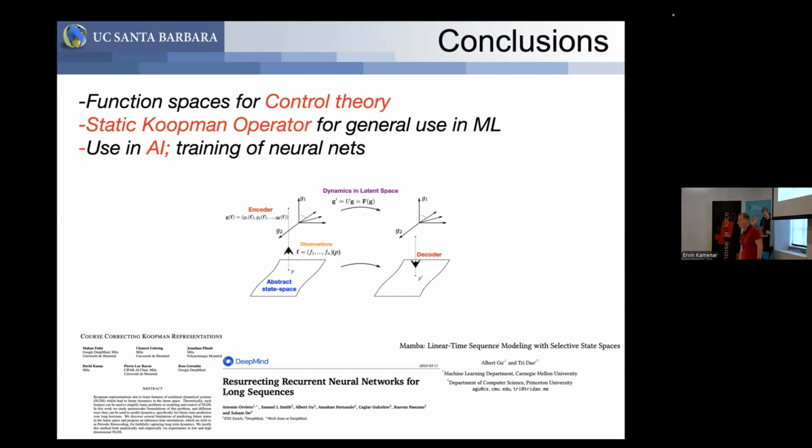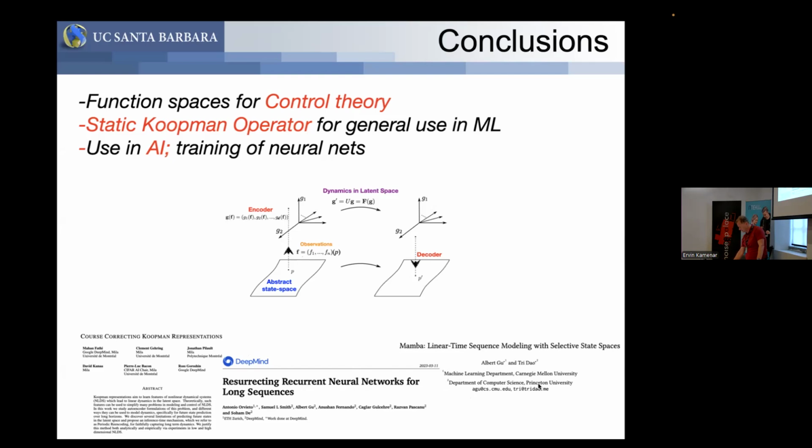I'm also hoping to see more static Koopman operator work, because it's an idea that transcends dynamical systems, I think. So it's these maps between different spaces can also be captured by these pullback type or composition type operators. And then finally, there is a lot of work. This is DeepMind, I think, over here.